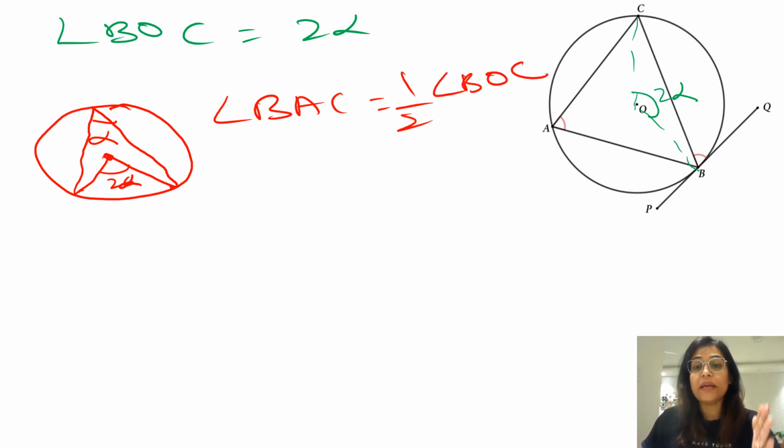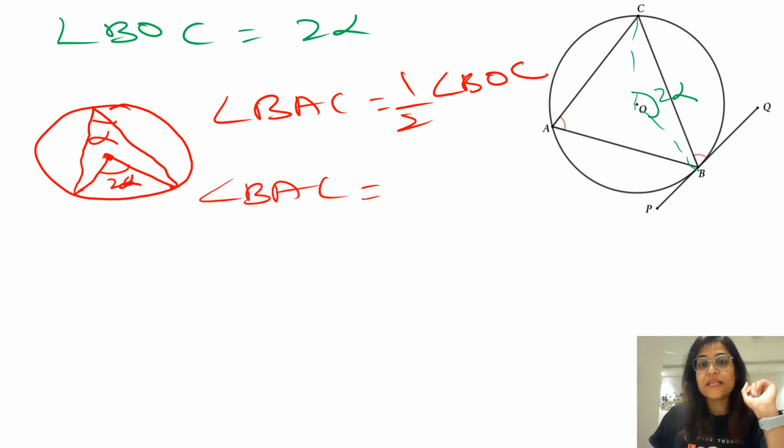We can reframe the statement as: the angle made by the arc at the circumference is half of the angle made at the center. So angle BAC is 1 by 2 into 2 alpha, which is nothing but alpha.